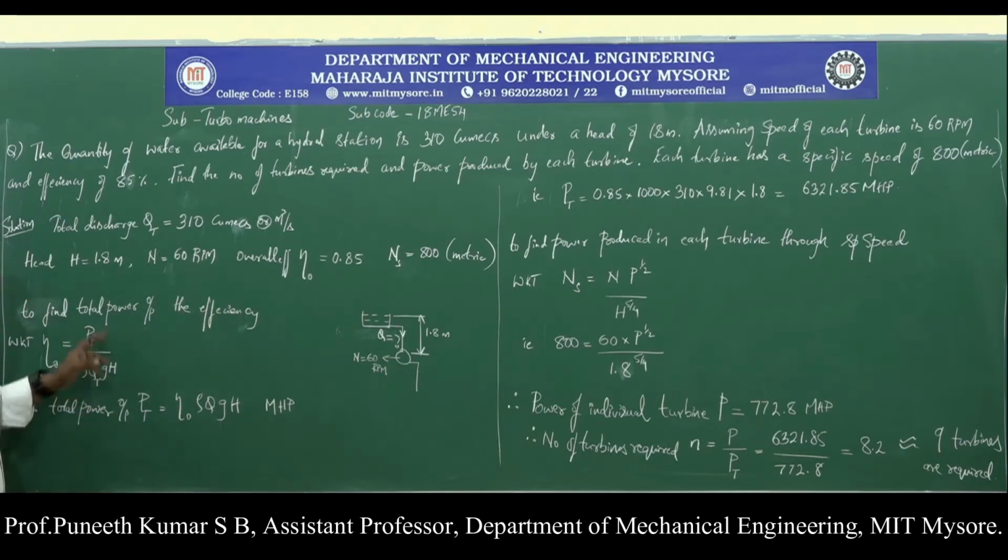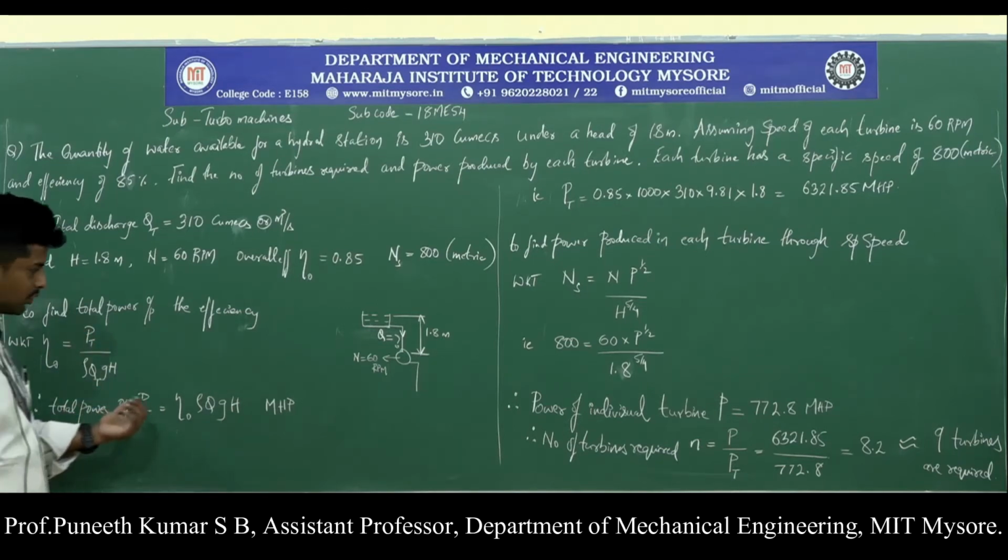Next, once I write down this formula, the only unknown is the total power. The rest of the things have been given as data, and some of them are constants. Now, I have rearranged this equation for the total power.